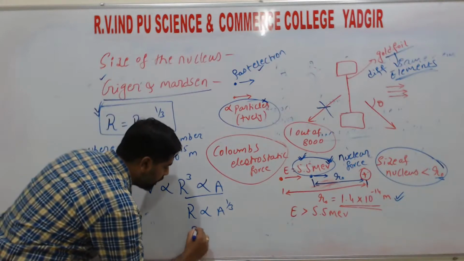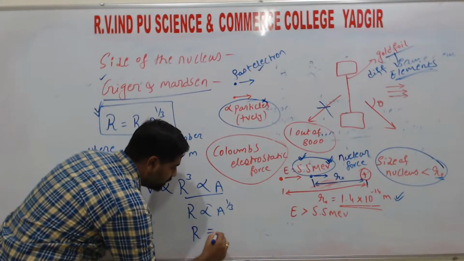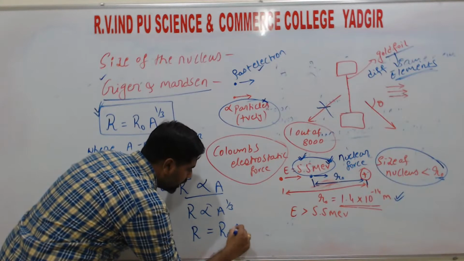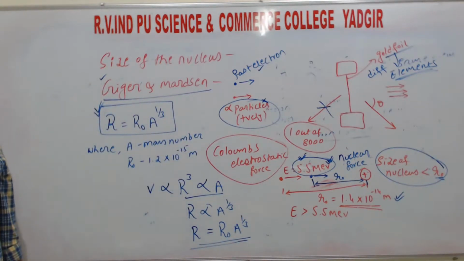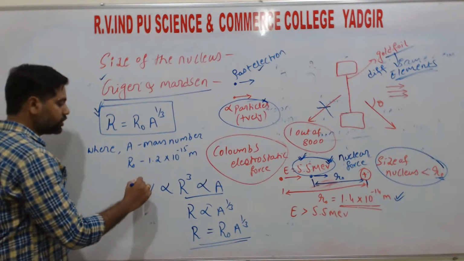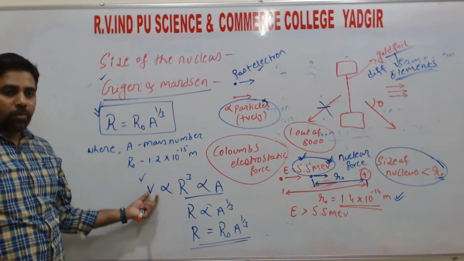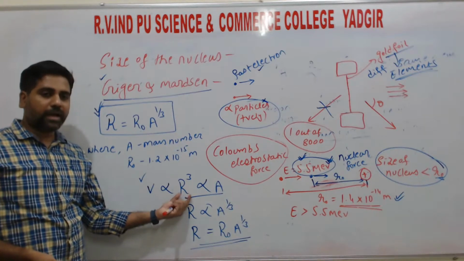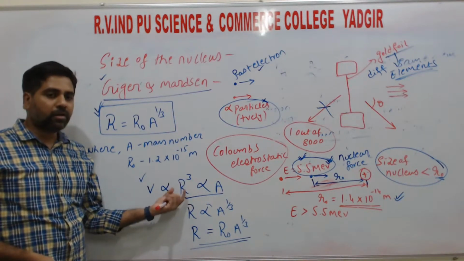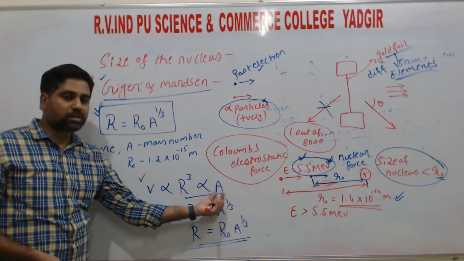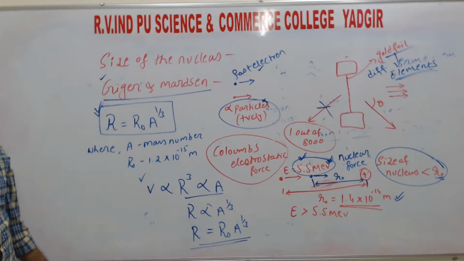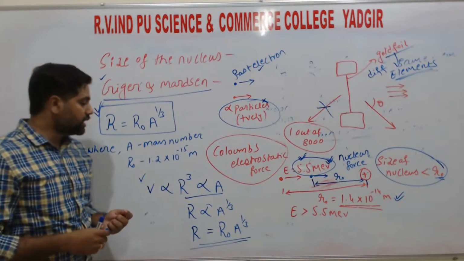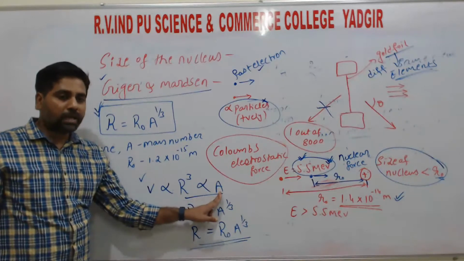If we remove the proportionality, then R equals R naught A to the power of 1 by 3. By using the relation, the volume of the nucleus is proportional to the cube of the radius of the sphere, and that is equal to the mass number. So the density is independent of the mass number.